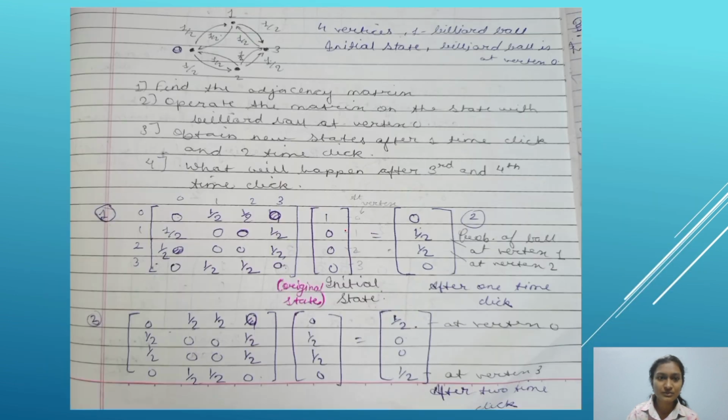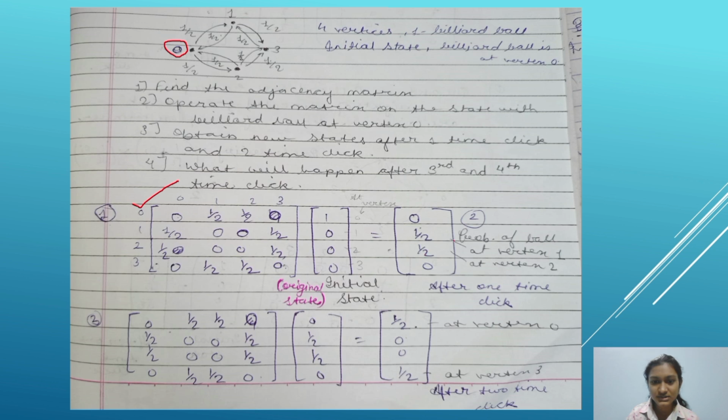So in 1 time click, this is our matrix for the classical billiard ball, and as we have mentioned, the ball is at vertex 0. At vertex 0, the initial state will be 1 0 0 0, and on simply multiplying with the matrix we get this outcome.